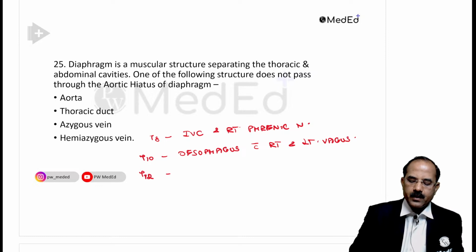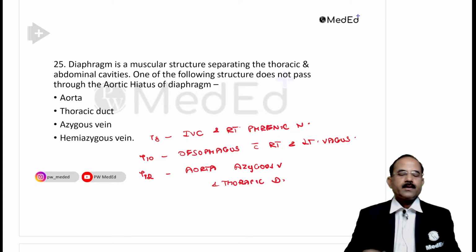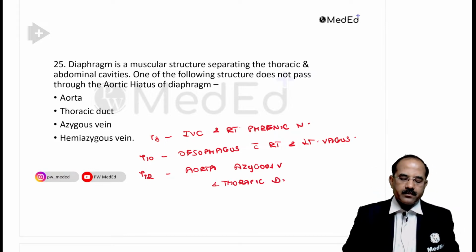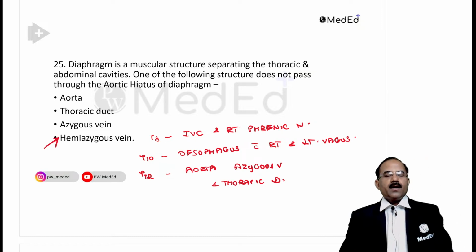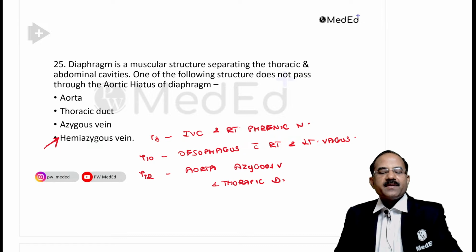At T12 is the aorta, azygous vein, and thoracic duct. The answer is hemiazygous vein for this.